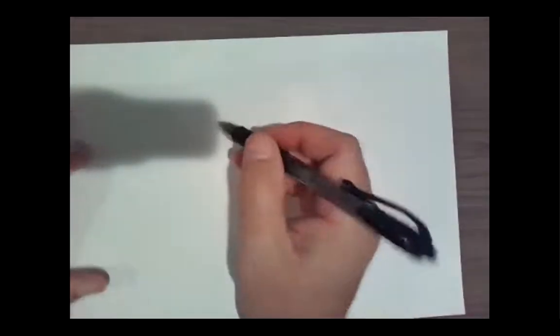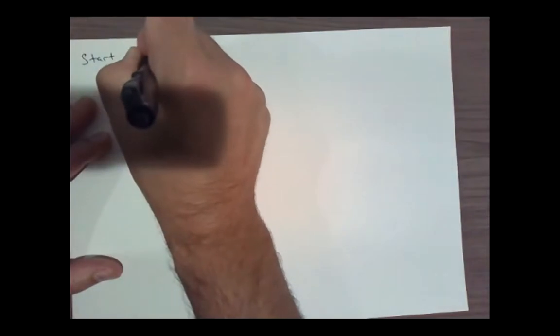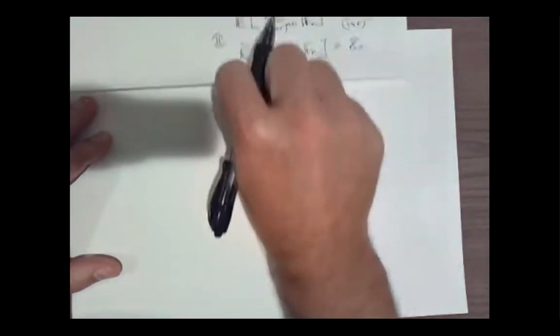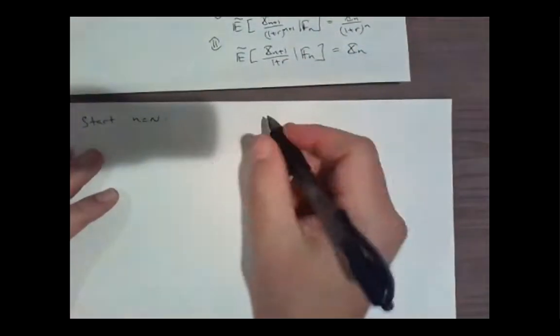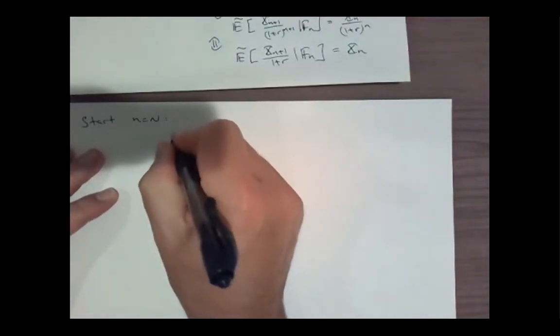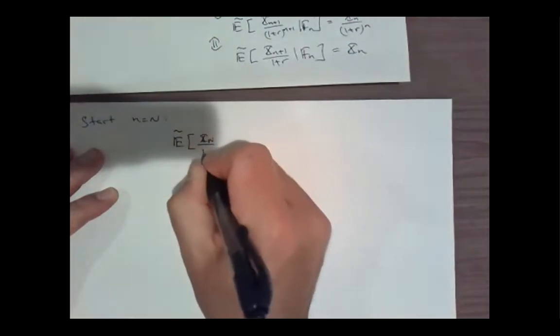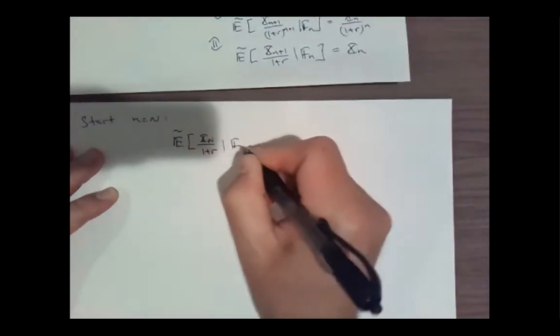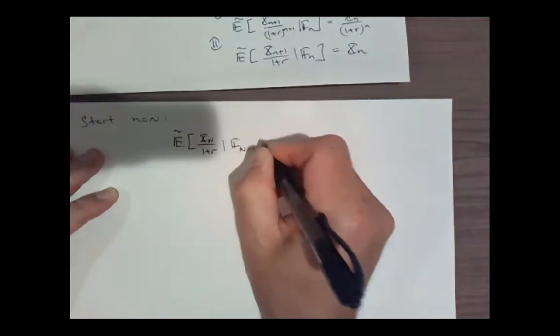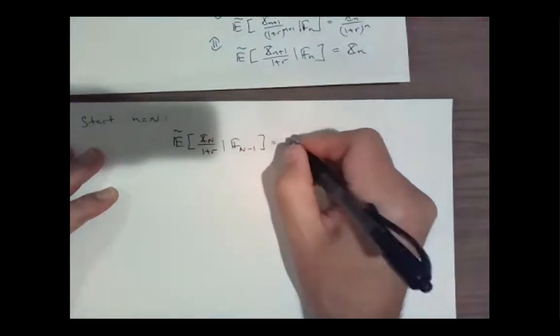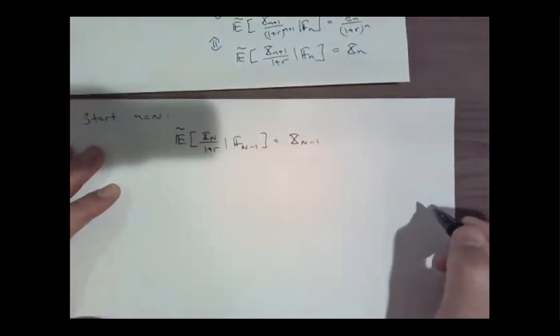For example, we're going to start at the end. I'll use my formula. I'll start at the end, so I'll have the conditional expectation of X_N divided by 1 plus r given F_{N-1}. This is going to give me X_{N-1}.